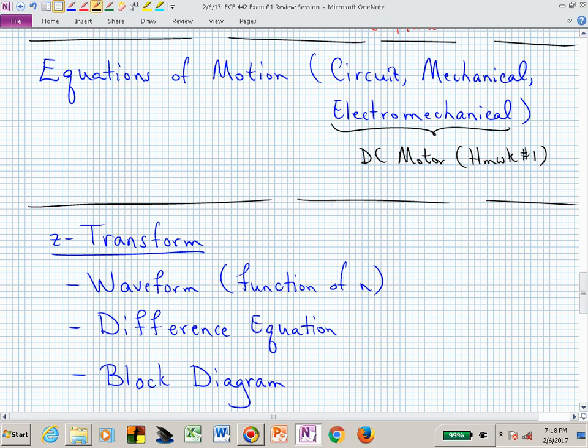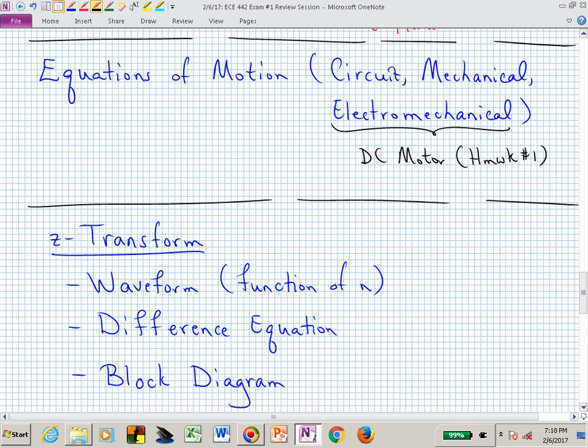Z-transforms. You should be able to Z-transform a generic function of little n, a time domain signal. You should be able to Z-transform a difference equation and find a transfer function. You should be able to take an all-delay block diagram, put that into the frequency domain, and then find a transfer function from that if you want.